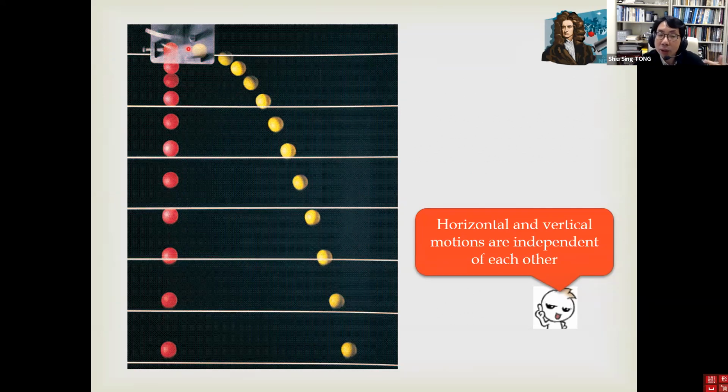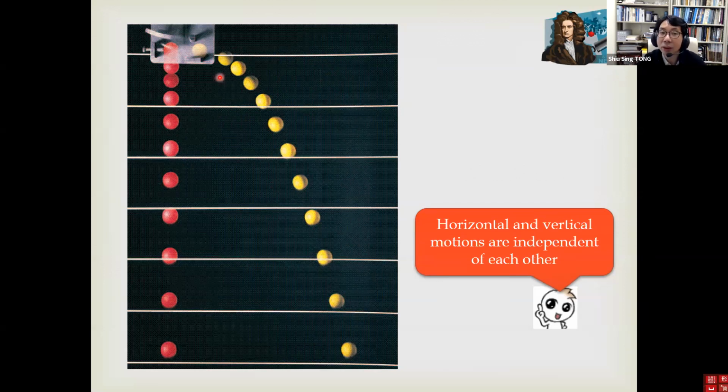Okay, now the yellow ball is projected horizontally. So you can see it is moving quite uniformly to the right, but at the same time, it is affected by gravity. Okay, and you can see from this illustration that the yellow ball and the red ball almost have the same height at a certain time.